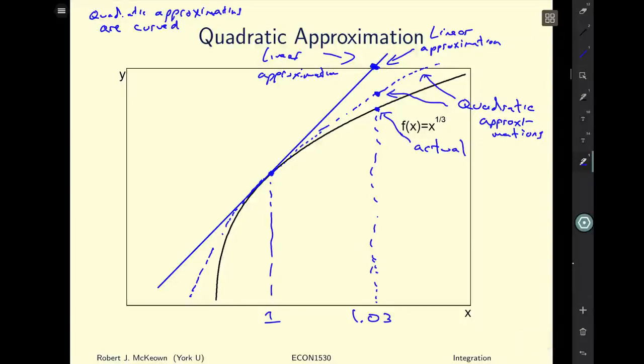So the quadratic approximation is going to be between the linear approximation and the actual. That's like the example we just looked at, where we found the quadratic approximation was more accurate. It's closer to the actual.